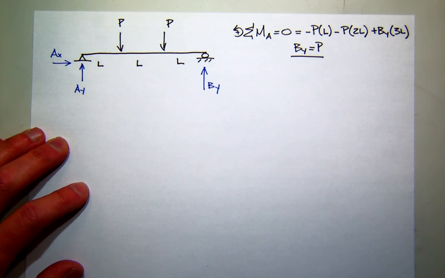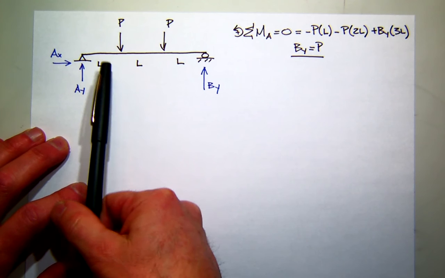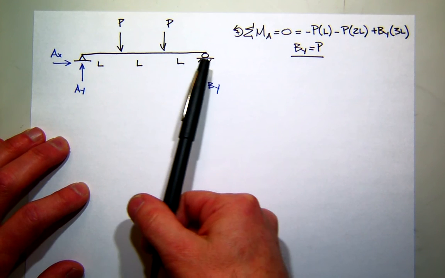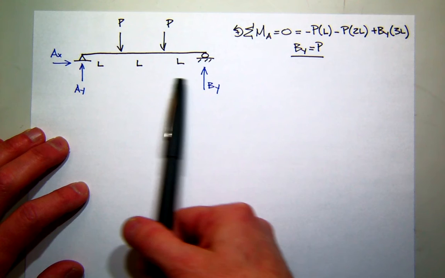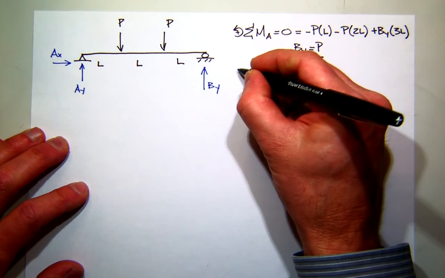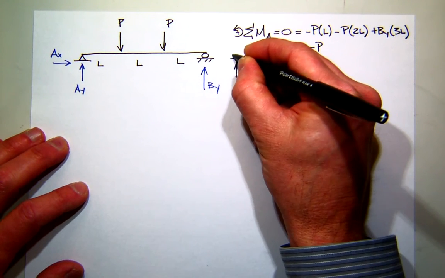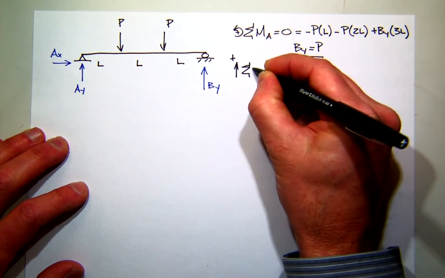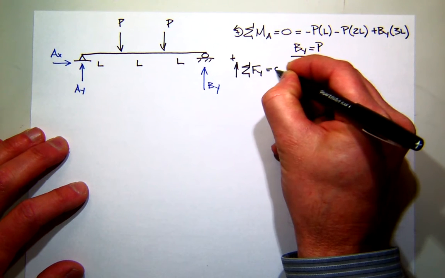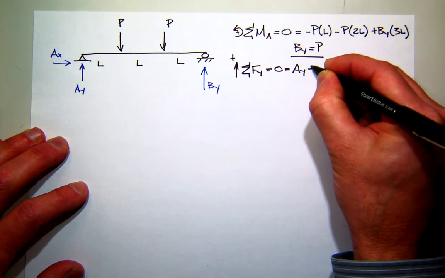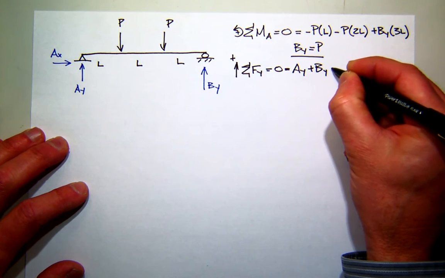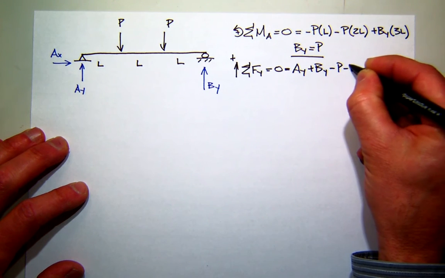Okay? That shouldn't be a surprising result. The loads are symmetric, so you'd expect half to one side and half to the other side. I'll go ahead and do the statics, but you probably are already looking ahead and seeing that AY plus BY minus P should be in equilibrium.